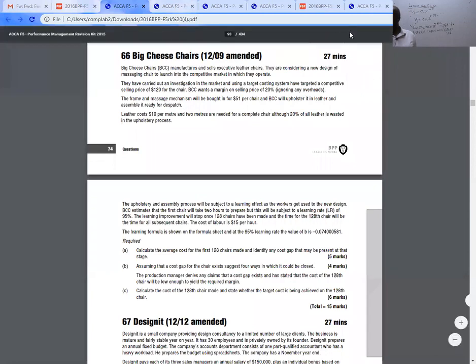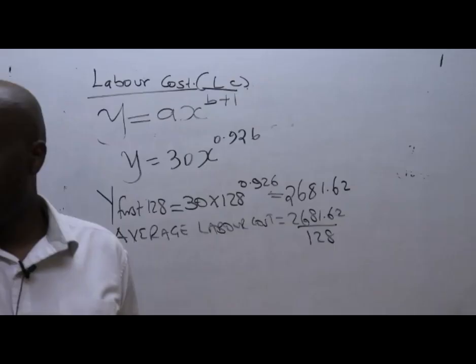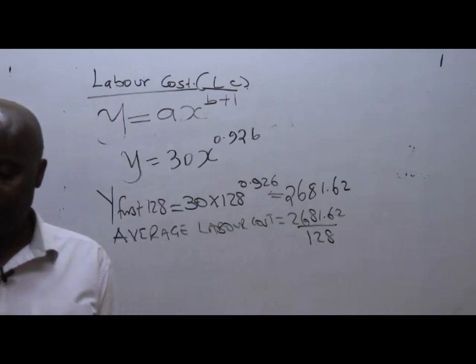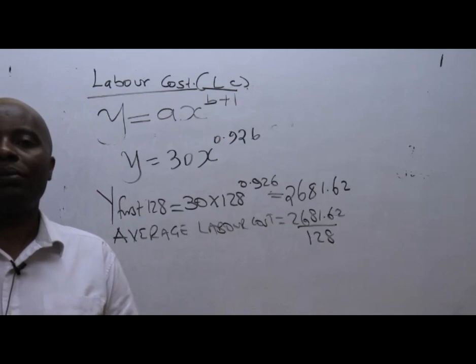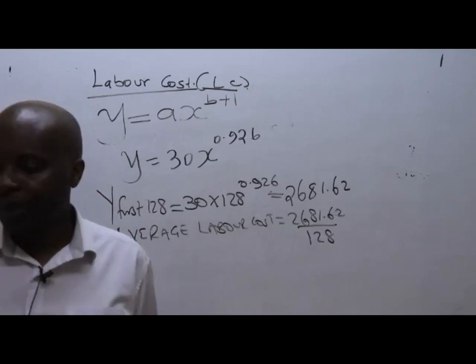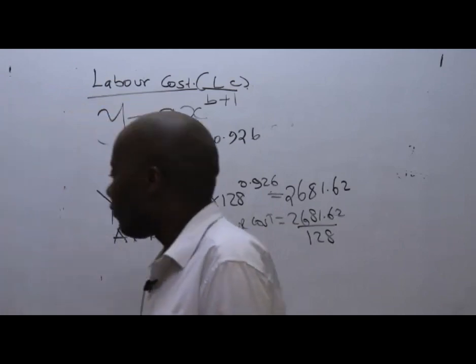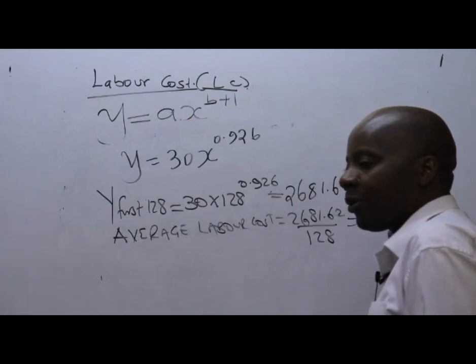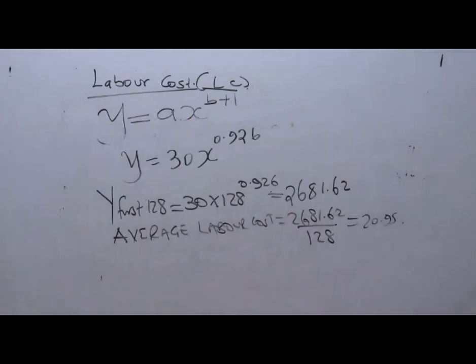Could you kindly give me an answer? That's the average labor cost. So Okocha gives me 20.95. Thank you very much, 20.95. Thank you very much, Lucy.